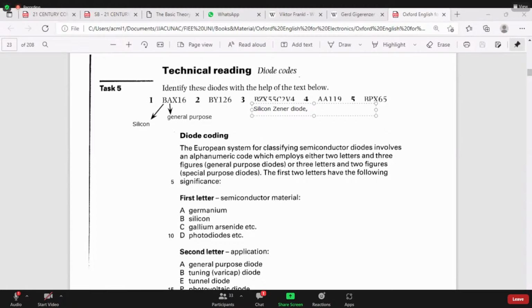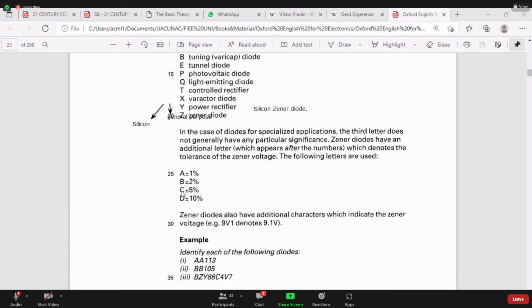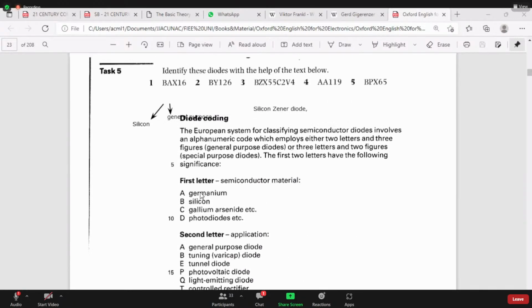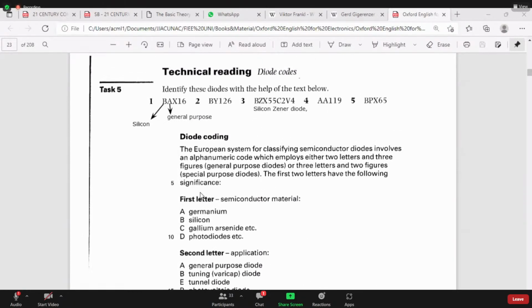The tolerance C is 5%. That means that it is a silicon Zener diode with 5% tolerance for the Zener voltage.